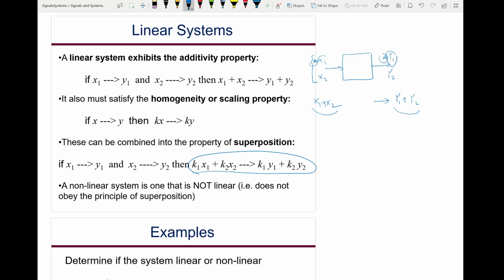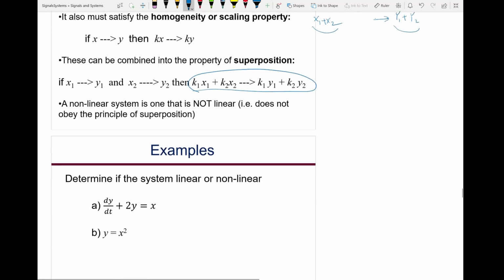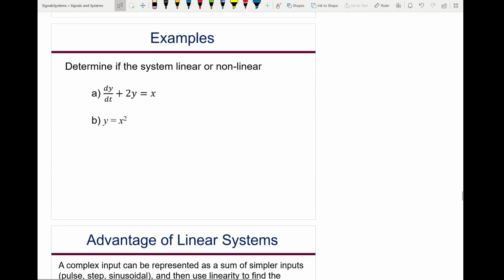Let's take an example to demonstrate this concept, and let's start with this example first. Is this system linear? It takes an input x1 and gives you the output, the square of the input, so that would be x1 squared. If I have another input x2, then the output will be x2 squared.